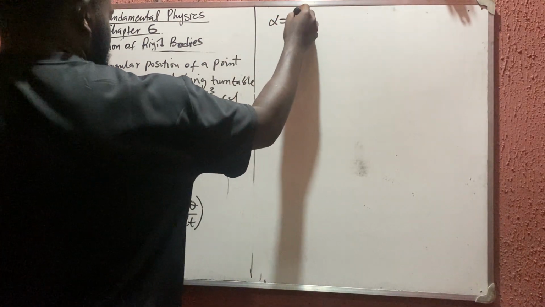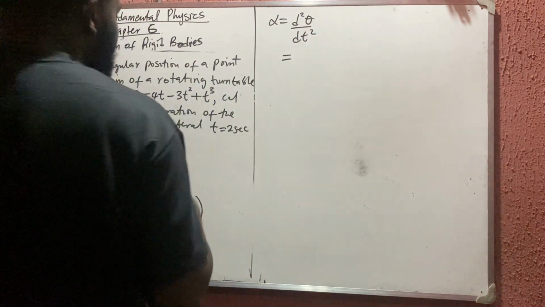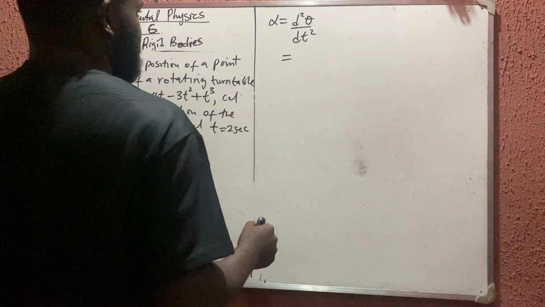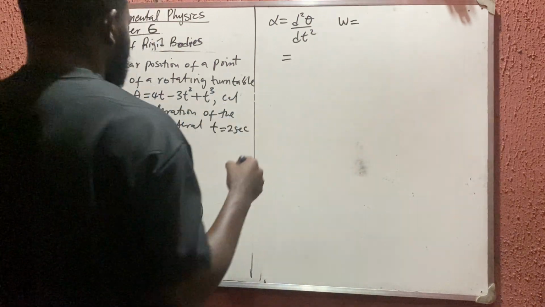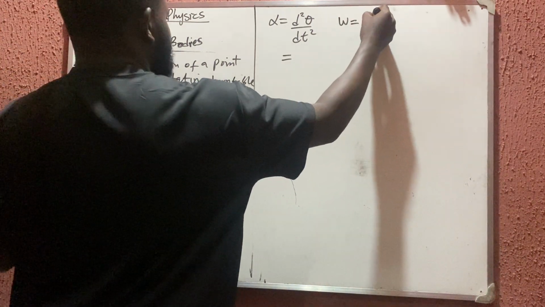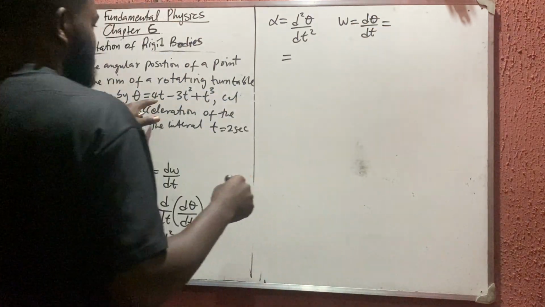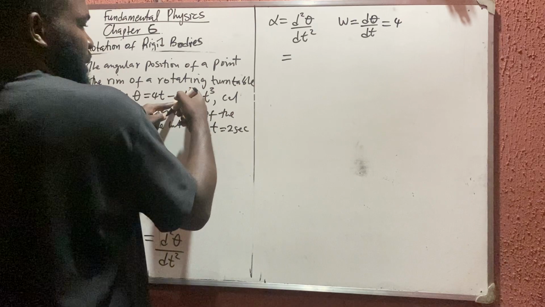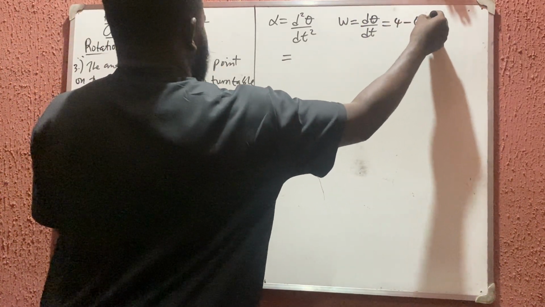So that is the formula to use: alpha is equal to d squared theta over dt squared. What does it mean? Differentiate two times. The first differentiation will give you our W, which is d theta over dt. Differentiate 4t, you have 4. Differentiate this one, multiply by the power, remove 1 from the power, we're going to have minus 6t.